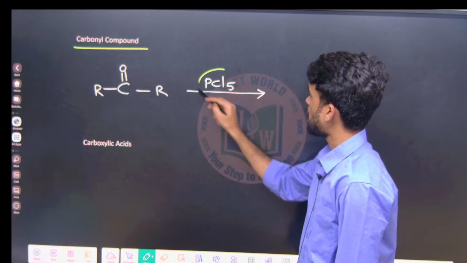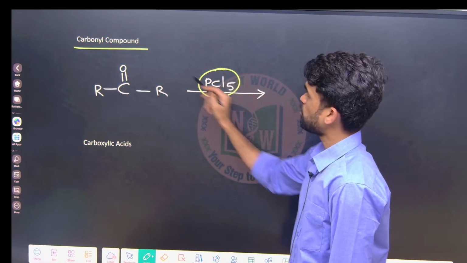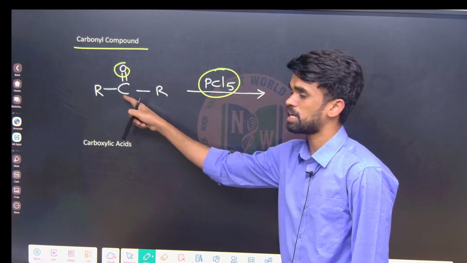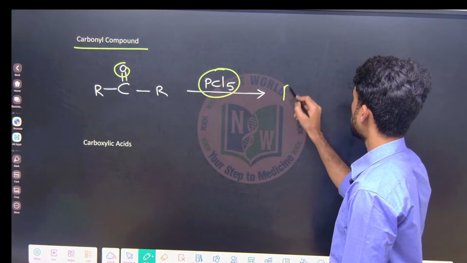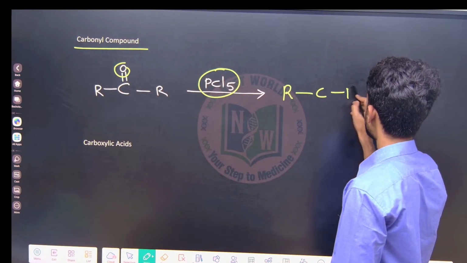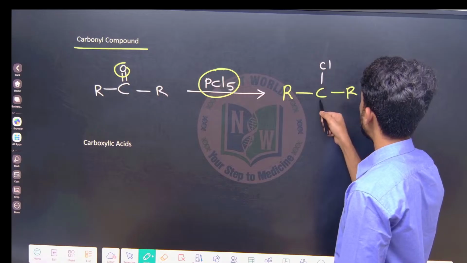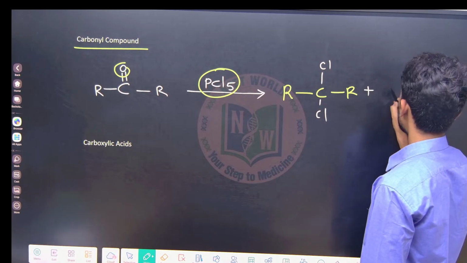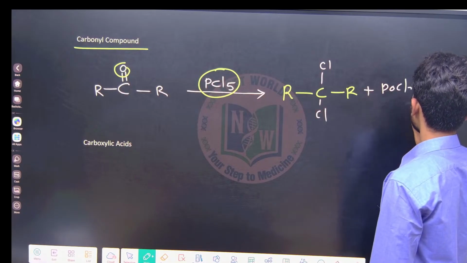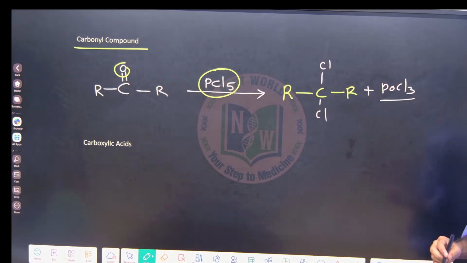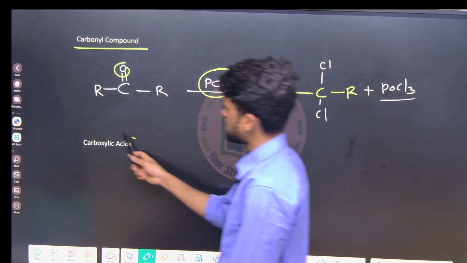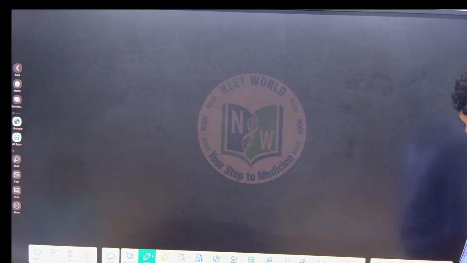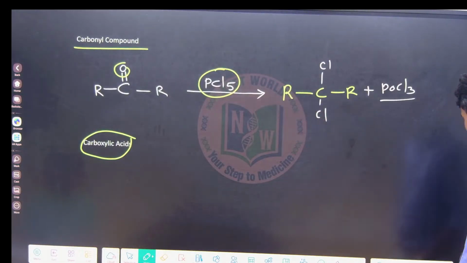So the two chlorine atoms come out and replace oxygen. Oxygen is given to phosphorus, and two chlorines are taken by carbon. So you will get R, C, R with one chlorine above and one below. A dihalo compound is formed here. POCl3 is the byproduct. Okay, is this clear? About carboxylic acid I will explain again, just hold on. Is this clear, carbonyl groups? Next.